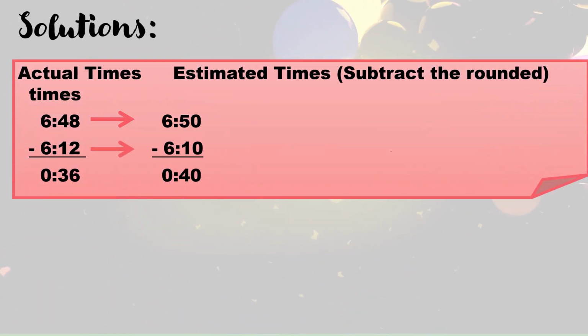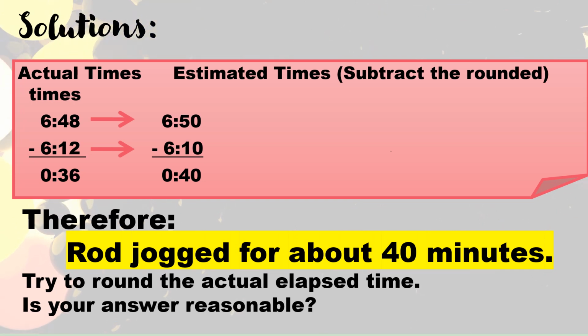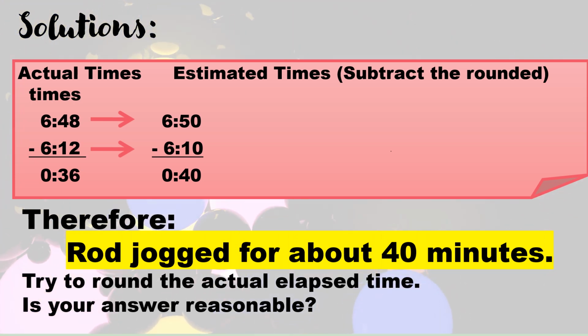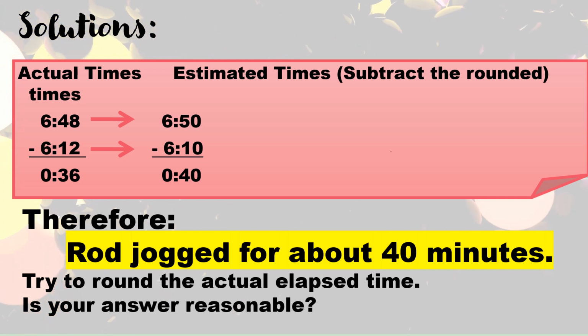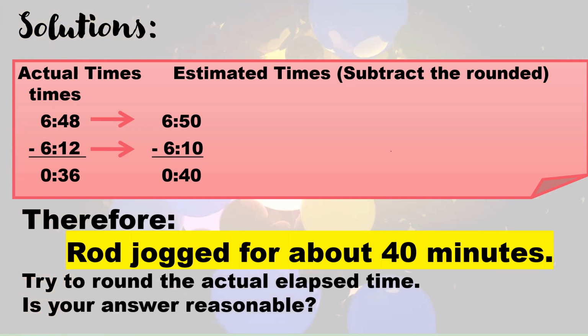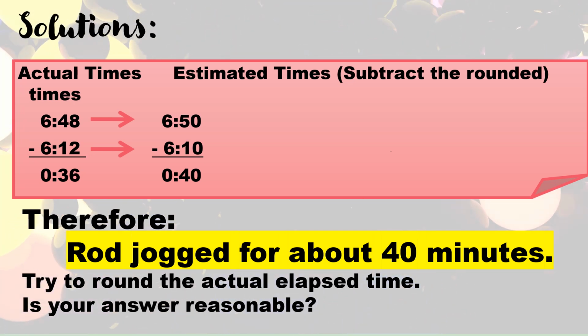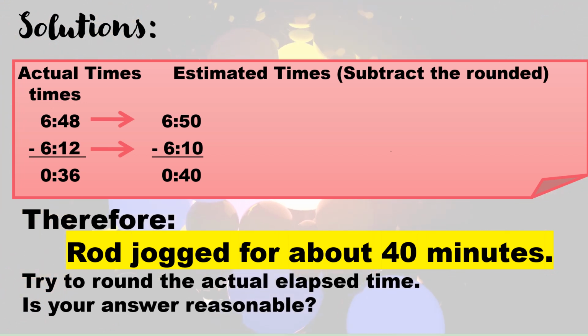Okay, in the solution, we have the actual time. The actual time is 6:48 minus 6:12. So the actual elapsed time is 36 minutes. While in estimating, we will subtract the rounded numbers. So 6:48 becomes 6:50 and 6:12 becomes 6:10.